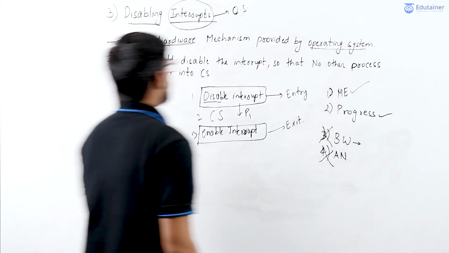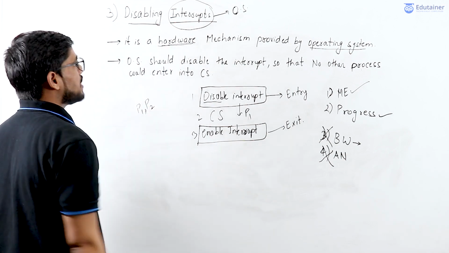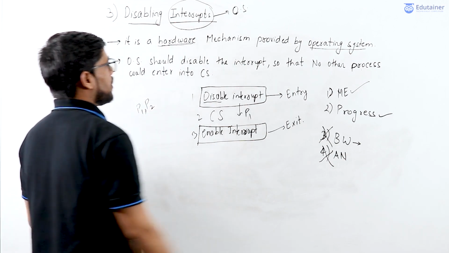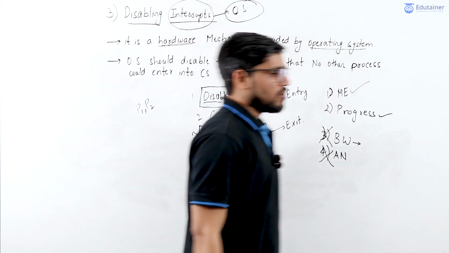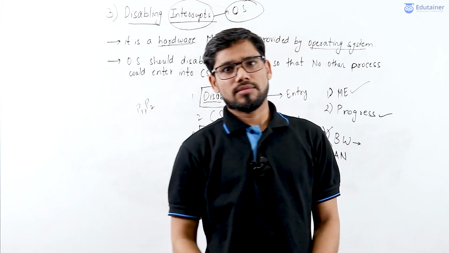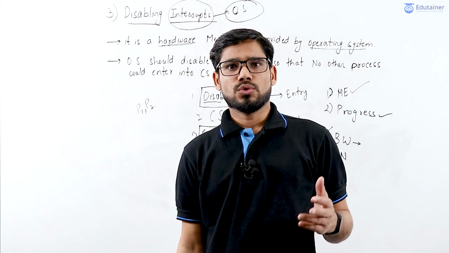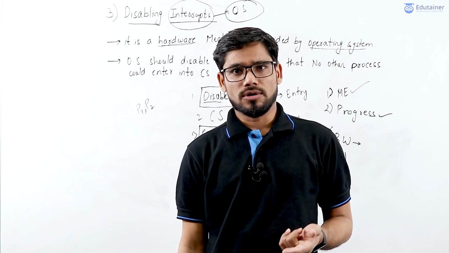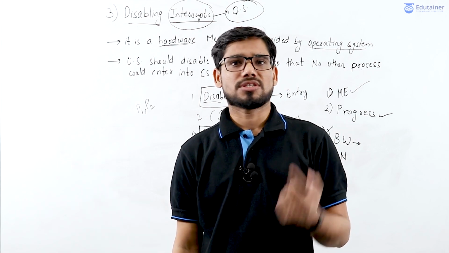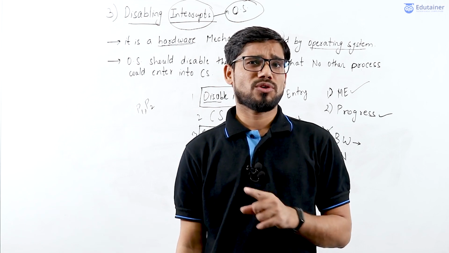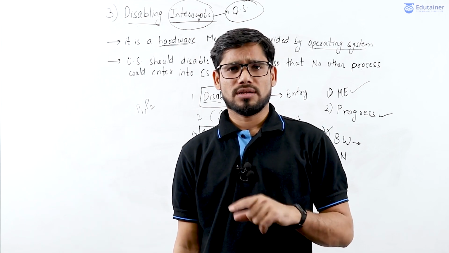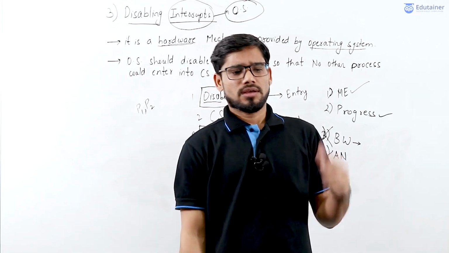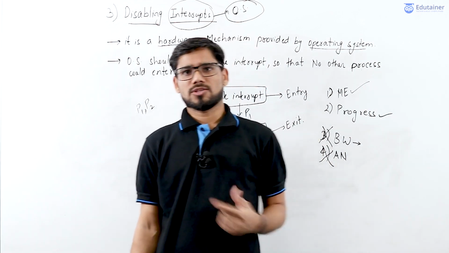So disabling interrupt is not a good solution because most operating systems do not want the user to have the right to make a system call, and here interrupt is a system call. The operating system does not want to give the right of making a system call like interrupt, so that more context switching will not be done.